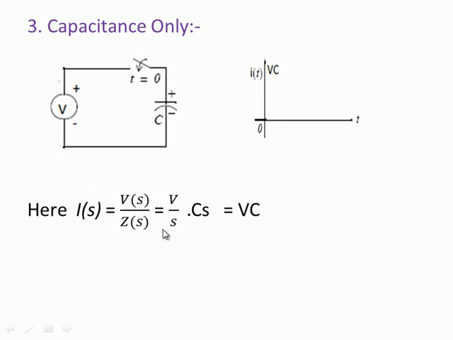This is V by S, and Z is 1 by Cs. When we take it, it will come in the numerator. This and this will get cancelled. That is Vc, which indicates an impulse of strength, or magnitude, Vc, because an impulse function has value only at this point and the rest is 0. You may have studied it in your earlier courses.